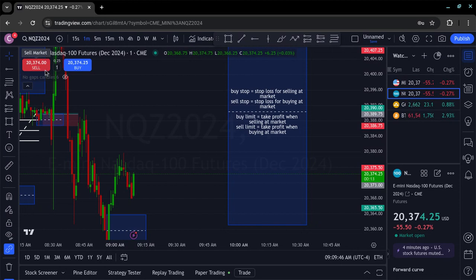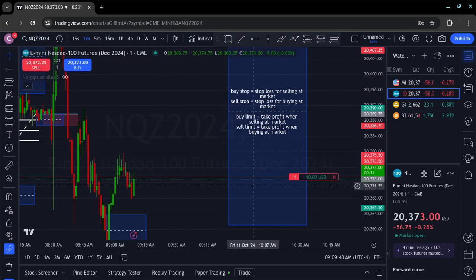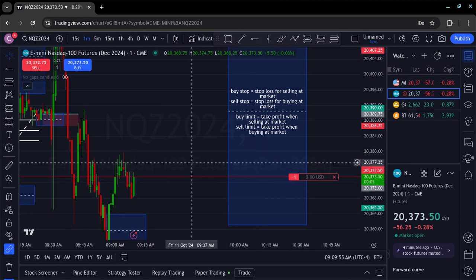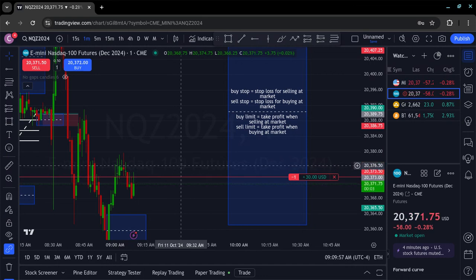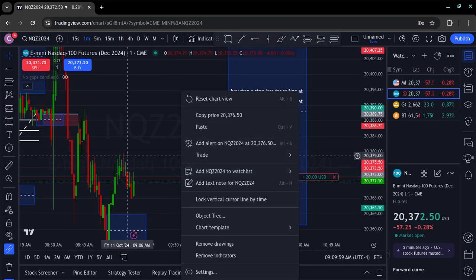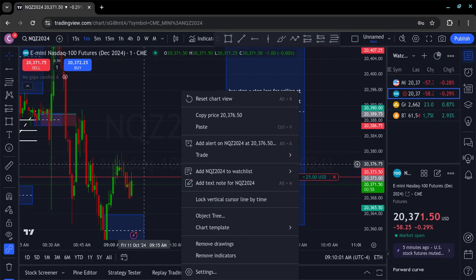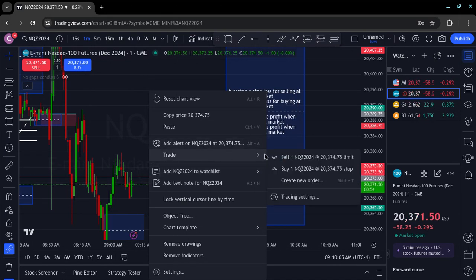For the sell example, it would be a buy stop for your stop loss and a buy limit for your take profit. Let's say I don't think the market is going to get up to this candle's high, since the last one took forever.